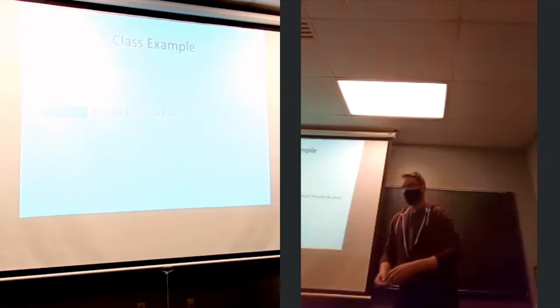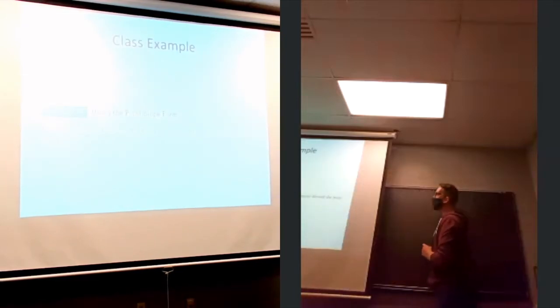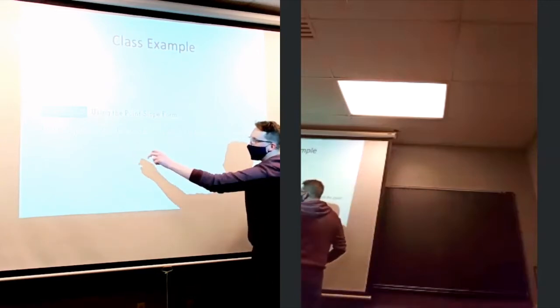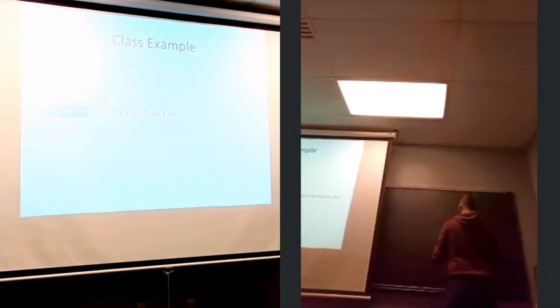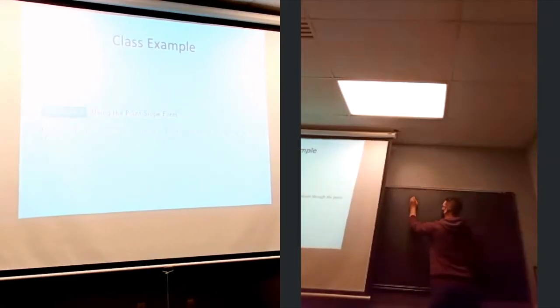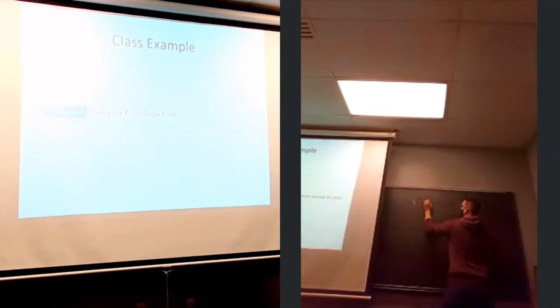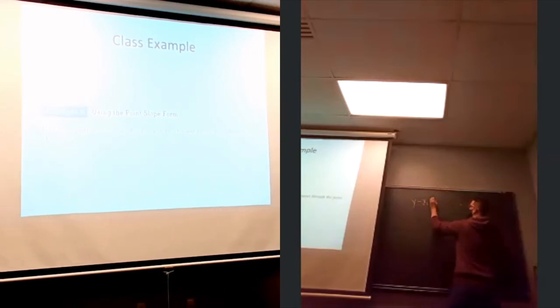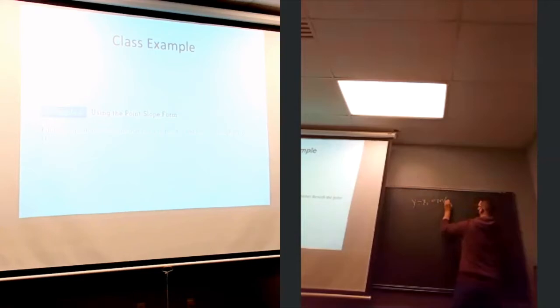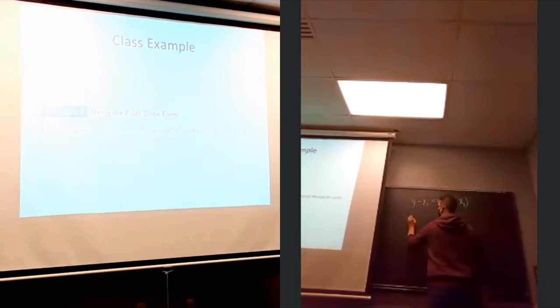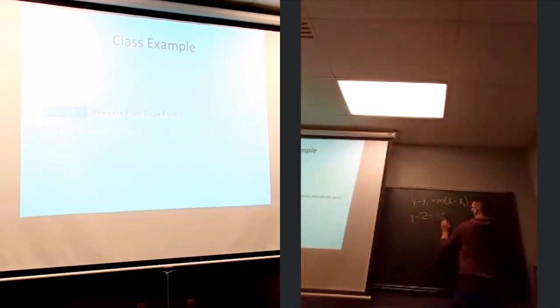So as an example of that, we've got this line with slope 3, and it goes through the point (1, -2). Using point-slope, what we've got is y minus y1 is equal to m times x minus x1. Plugging in everything, y minus -2 is equal to 3 times (x minus 1).